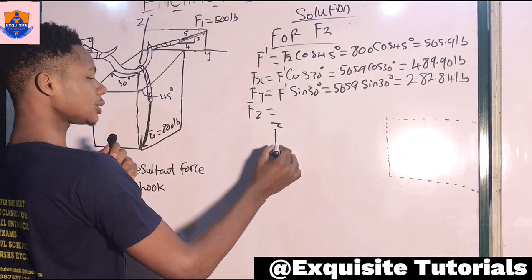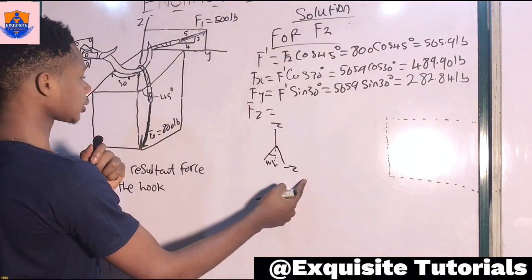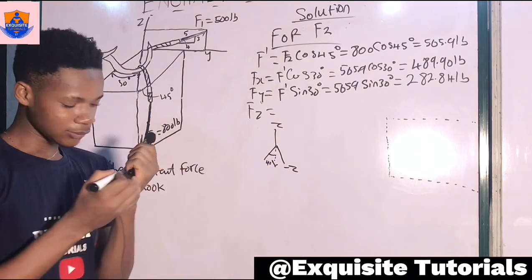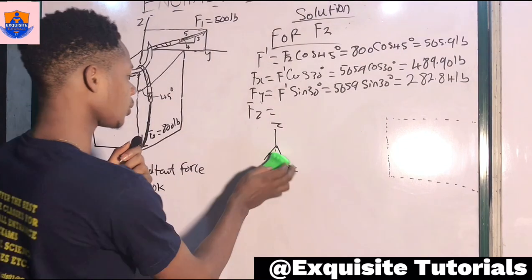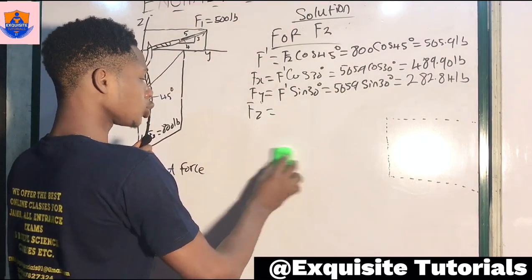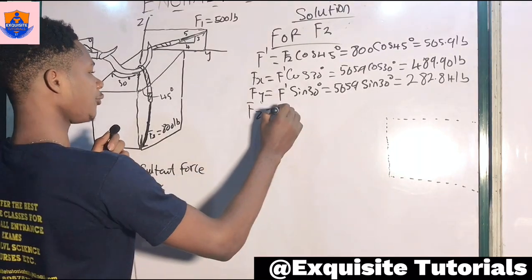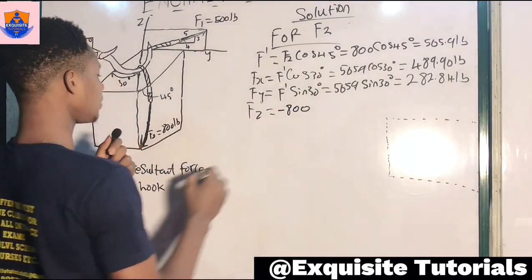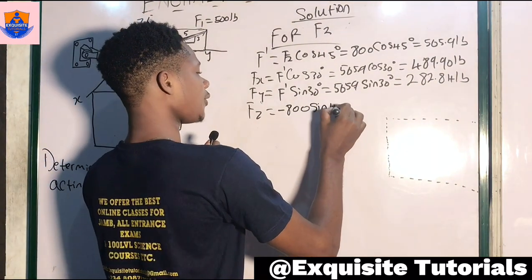We want to open it into this negative z component, so we're going to make use of what now? Sine. Opening into the negative z component, we'll be having a negative z because we are resolving to the negative z component, so that will give us a value of minus 800 pounds times the sine of 45 degrees.